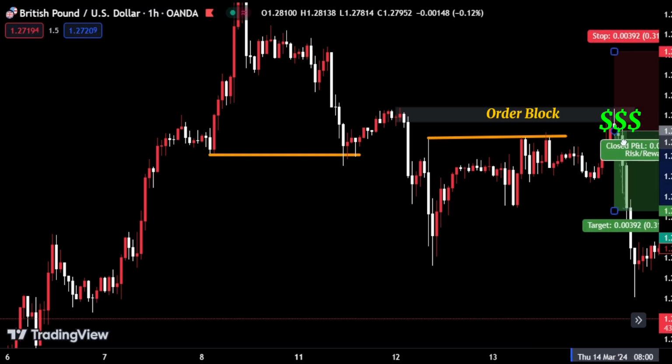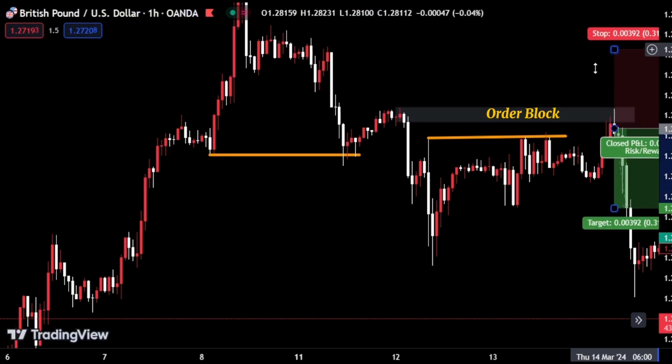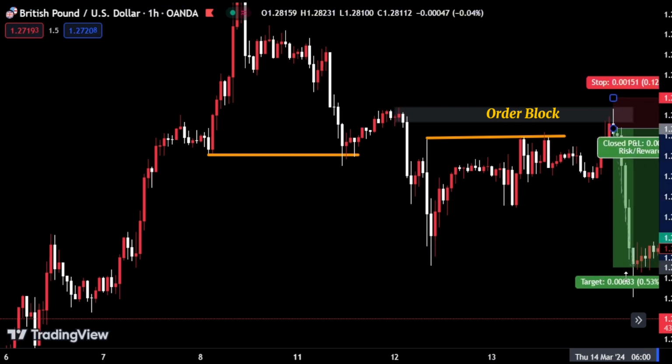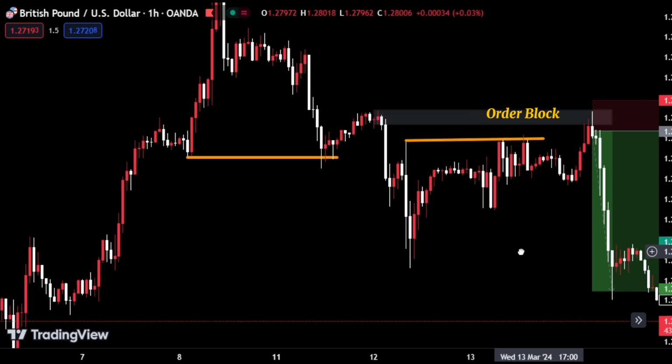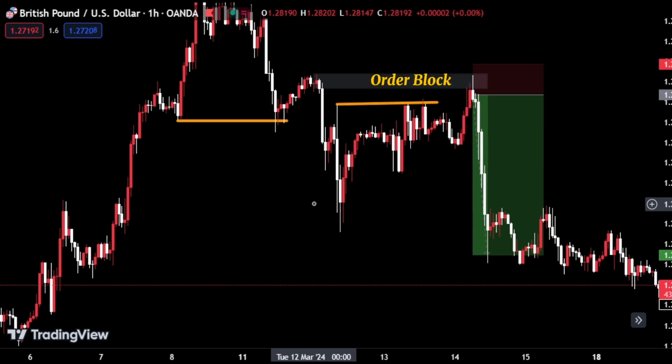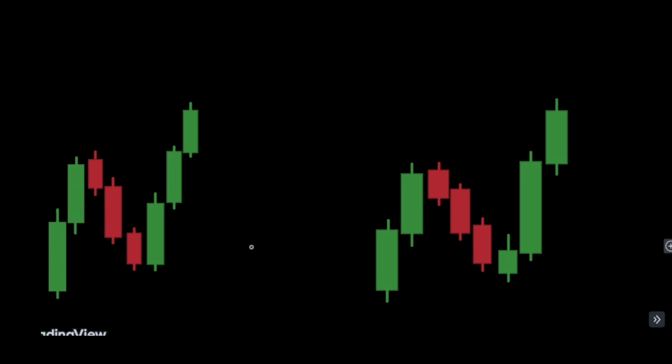For me, I would have preferred to enter after this candle close, because that gives me confirmation and a tighter stop loss, and then all the way to the downside. See this, guys, that's a 1:5 risk to reward ratio. And what we're going to do now is go ahead and mark out our order blocks. I'm going to be showing you how to do that now, how to mark your order blocks.